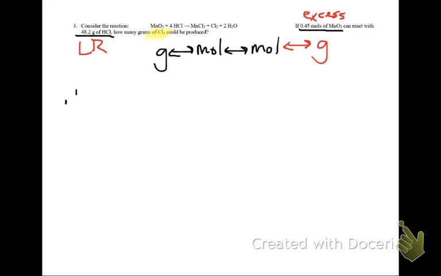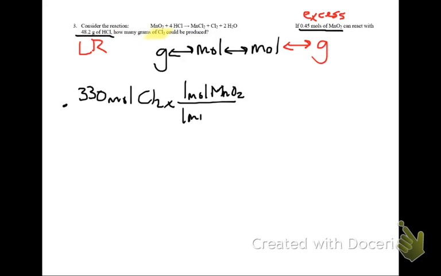So if we can make 0.45 moles of manganese dioxide, I'm sorry, not 0.45 moles, that's how many we started out with. If we could make 0.330 moles of chlorine gas, let's see how many grams of manganese dioxide that equates to. So 1 mole of manganese dioxide is 1 mole of Cl2.